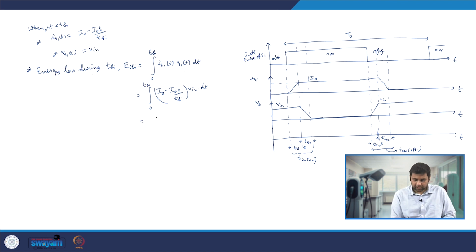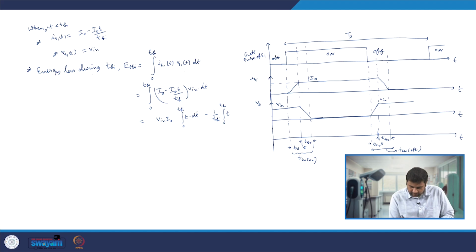And when we do this, Vin I naught comes out, it is the integral of t dt from 0 to TFI minus 1 by TFI comes out, 0 to TFI.